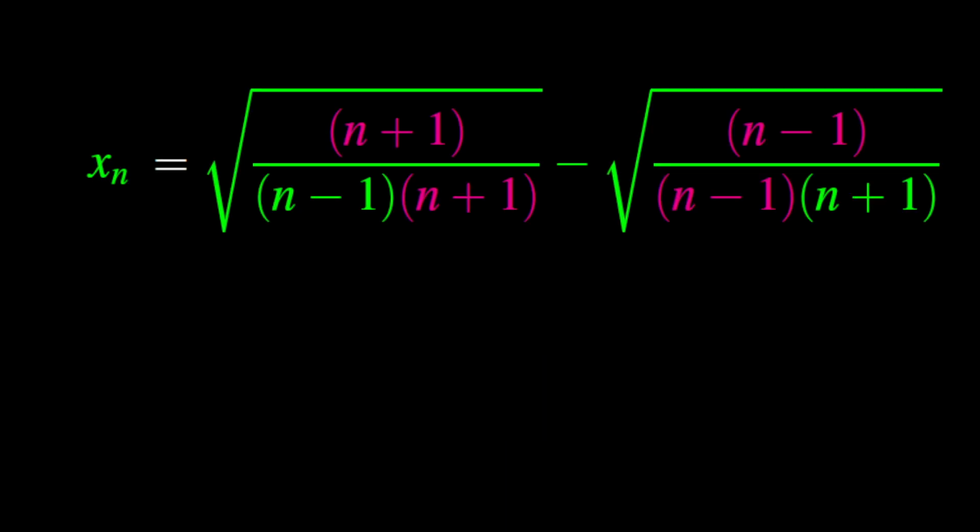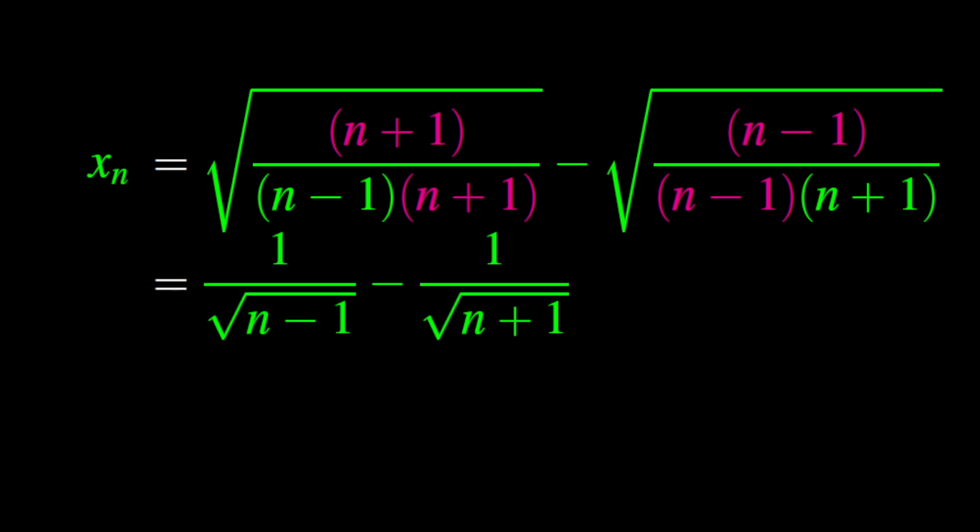Now, we expand the denominator using basic algebraic identities, and we obtain xn equals the square root of n plus 1 over n minus 1 times n plus 1, minus the square root of n minus 1 over n minus 1 times n plus 1. We simplify the common factor on both fractions and obtain xn as 1 over the square root of n minus 1, minus 1 over the square root of n plus 1.